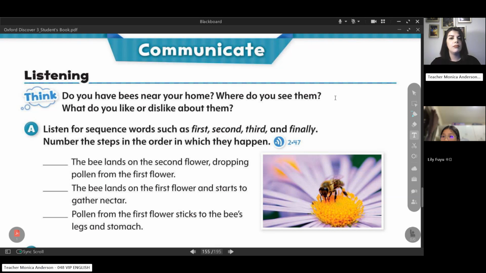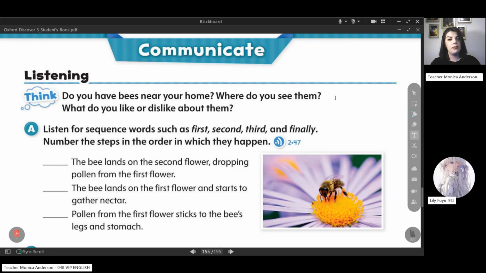Next, as the bee gathers the nectar, pollen from the flower sticks to the bee's legs and stomach. Some bees also gather pollen for food, which they pack onto their bodies. Finally, the bee flies to another flower, often in the same area. As it lands, some of the pollen from the first flower drops onto the second flower.